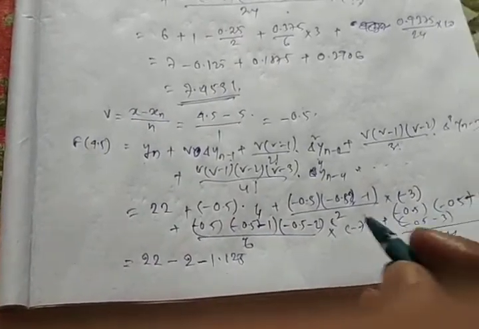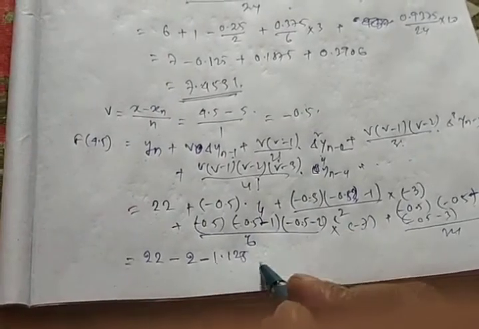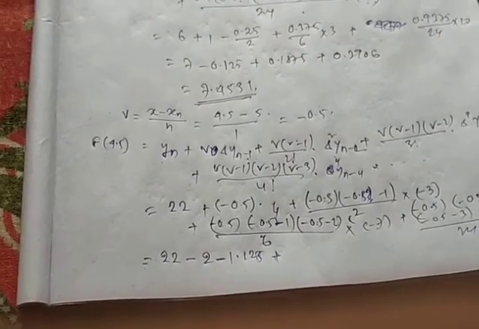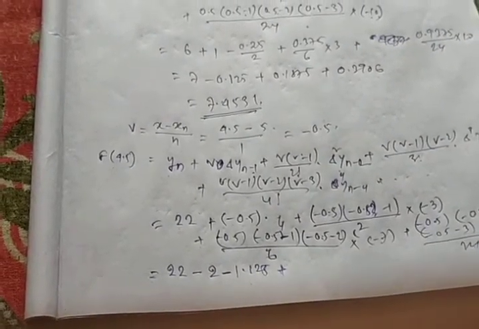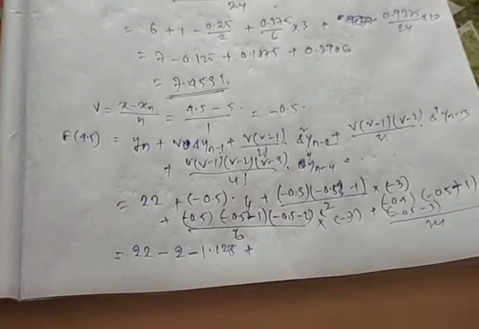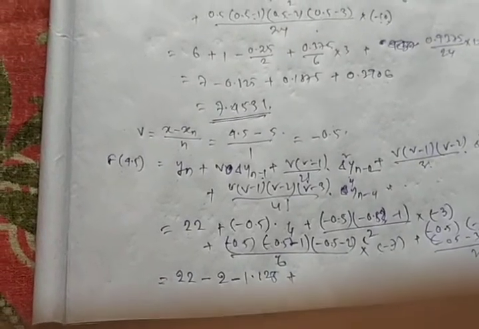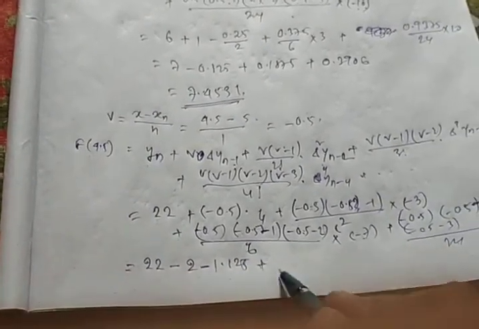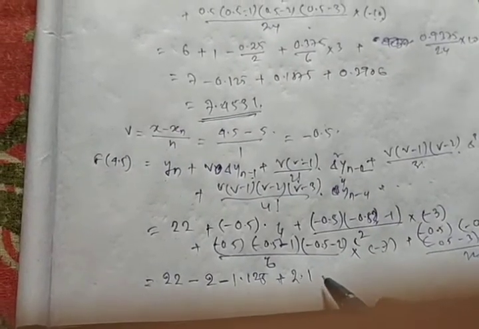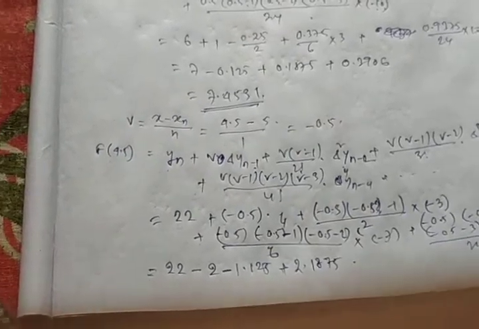this will be 1.125. This is minus, this is minus, this is minus, the total is four minuses, so this will be plus. So first 0.5 into 1.5 into 2.5, 2.5 into 7 divided by 6 will be 2.1875.